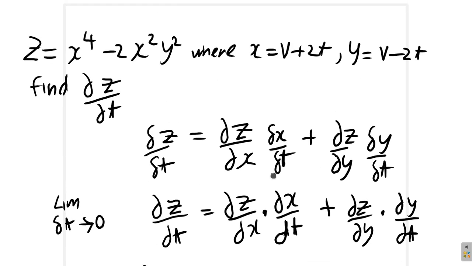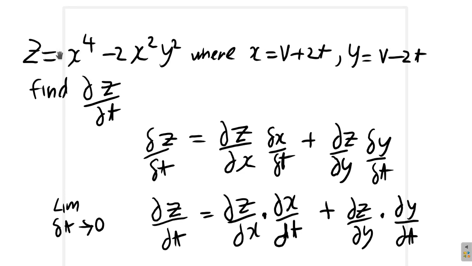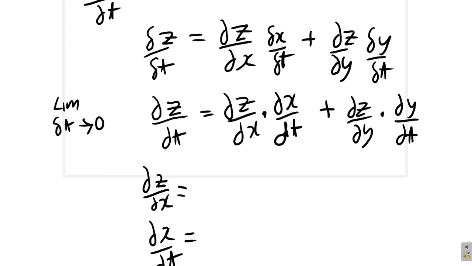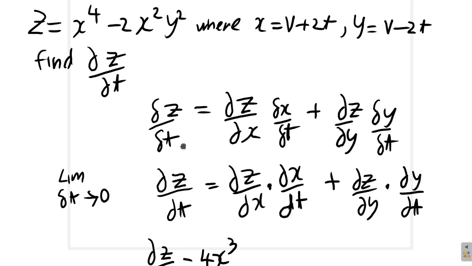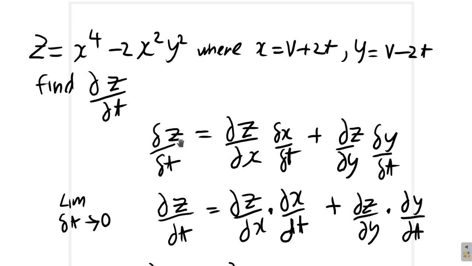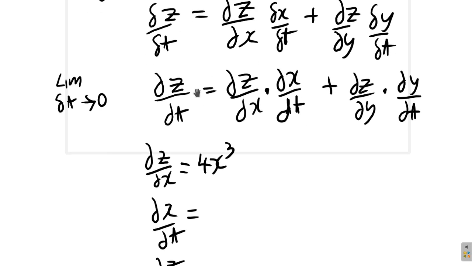Partial of z with respect to x. This is what I'm seeing here. We have 4x cubed minus 2 times 2 is 4, so it's minus 4xy squared.